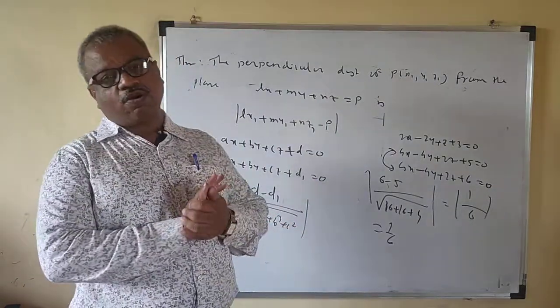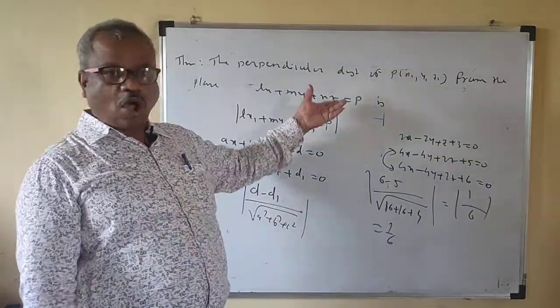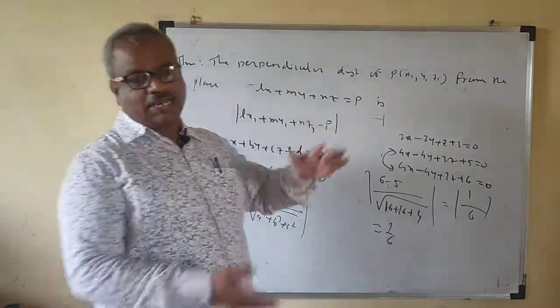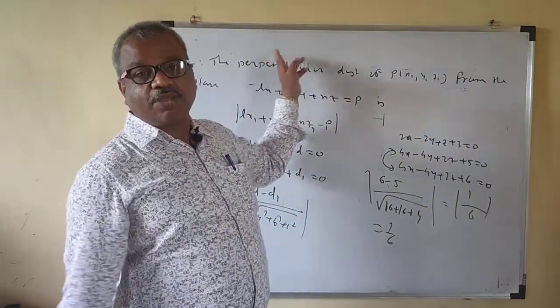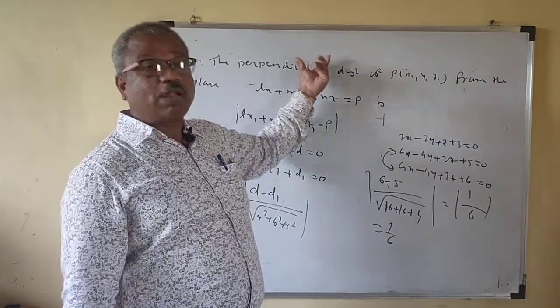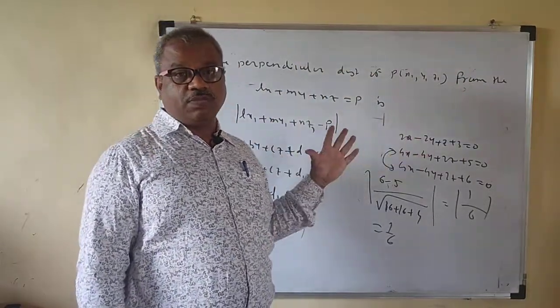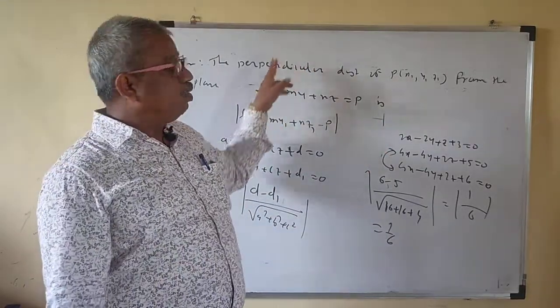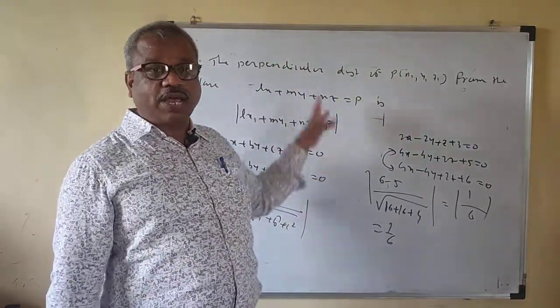You should practice this one. Options are given to you. If they say the planes are parallel, it means they differ by a constant only. If they say the equation of a plane passes through a point, that means the point must satisfy the equation of the plane. So choose the correct option by first checking which plane satisfies the point.